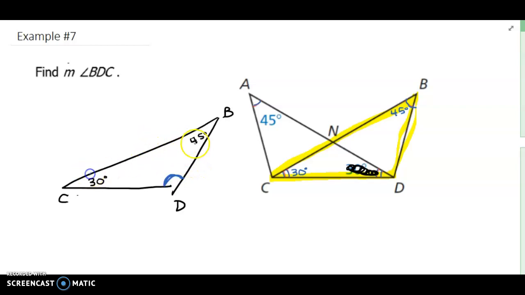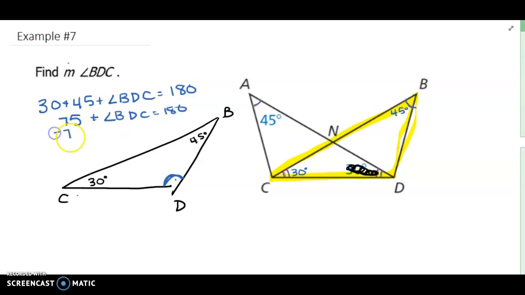Okay, well, I know all 3 angles of a triangle have to add to 180, so 30 plus 45 plus angle BDC equals 180. Okay, well, 30 plus 45 is 75. So if I subtract 75 from both sides, I get angle BDC equals 105 degrees.